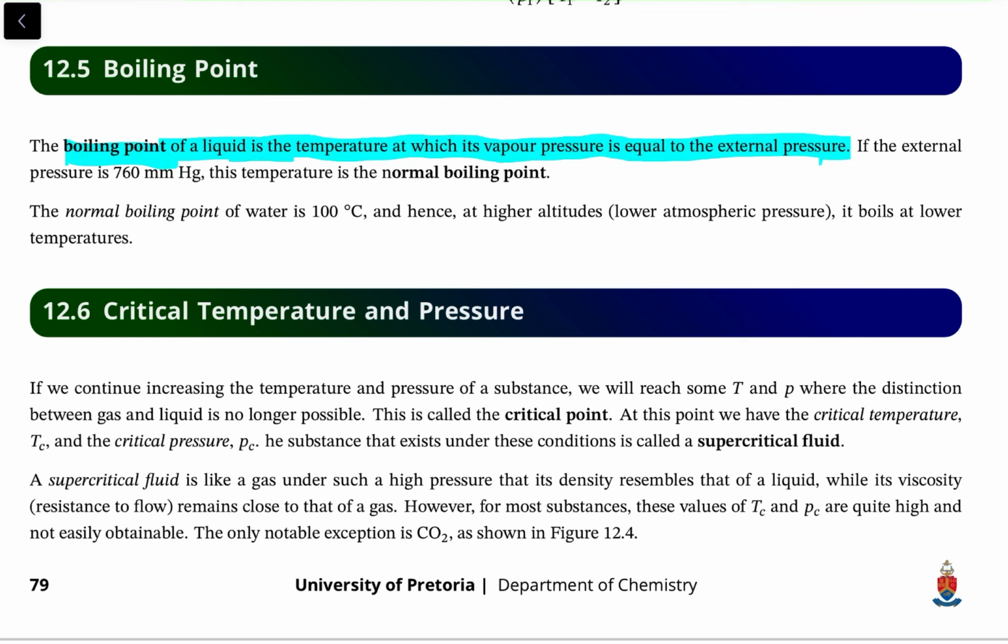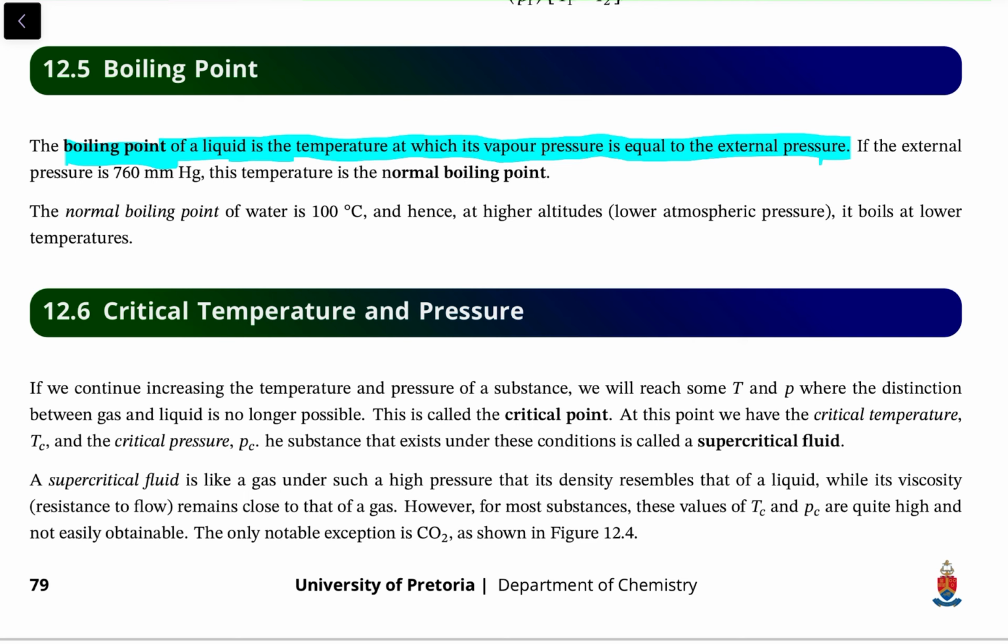All right. So sometimes it's confusing to think of it as only atmospheric pressure, because the atmospheric pressure varies from place to place. So think of it as the vapor pressure must always be equal to whatever the external pressure is that's being applied to your system.